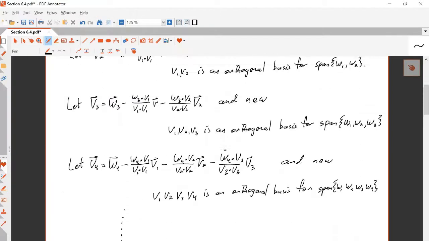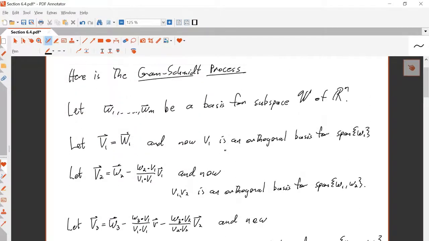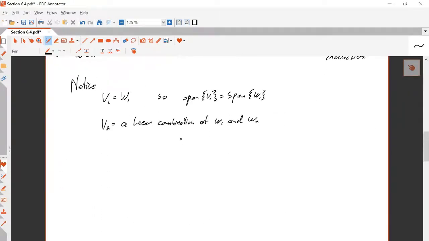It's right here. V2 is W2 minus this times V1, but V1 is W1. So it's a linear combination of W1 and W2, and vice versa. A linear combination of W1 and W2 can be written as a linear combination of V1 and V2.